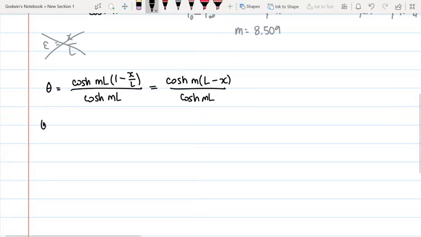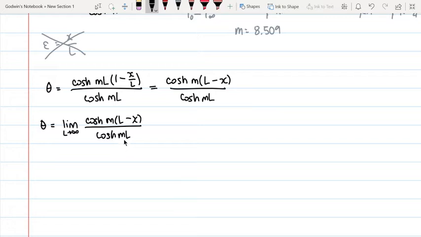Let's find out what theta is by doing the limit of, ito pala muna, the limit of hyperbolic cosine of m times L minus x over hyperbolic cosine of ml as L approaches infinity.